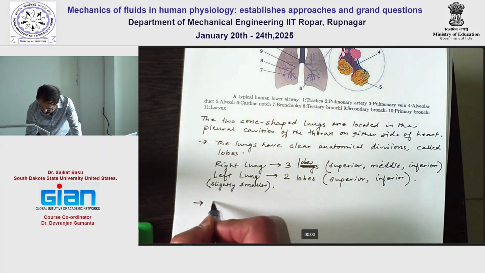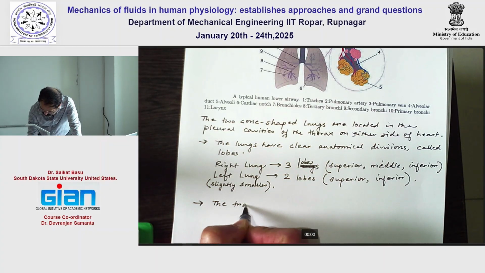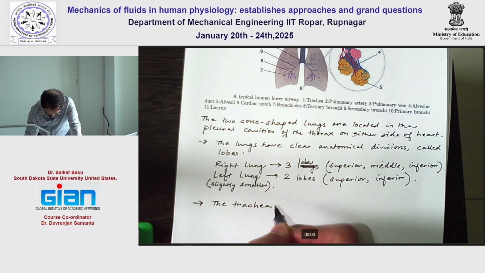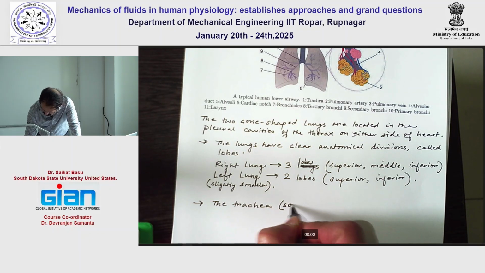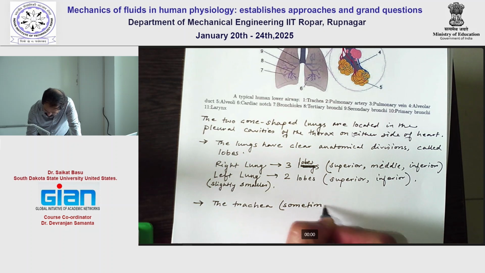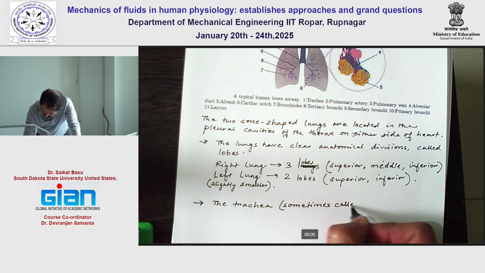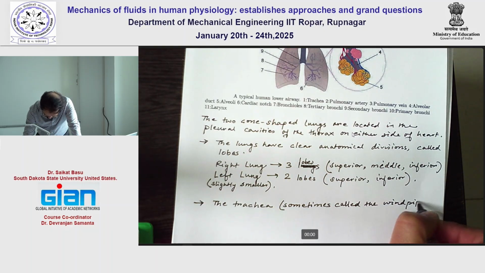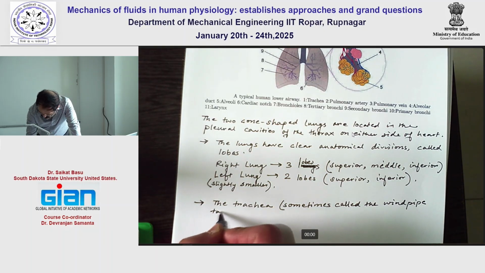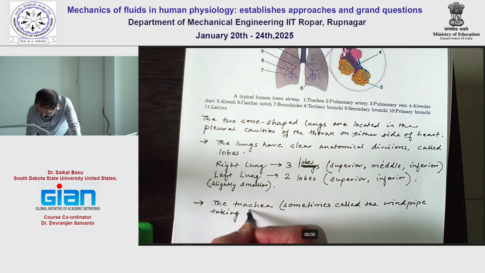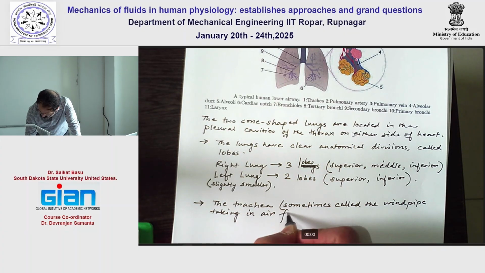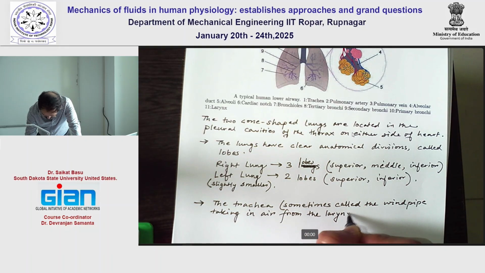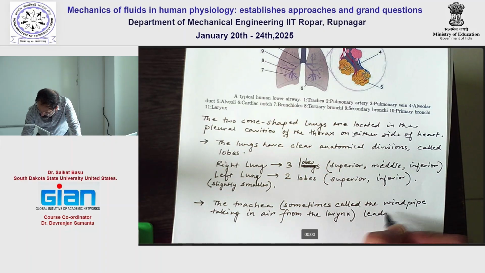So the trachea, sometimes also called the windpipe, taking in air from the larynx, leads to the conducting airways.